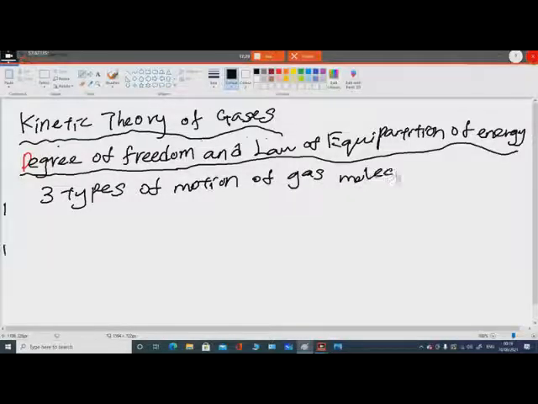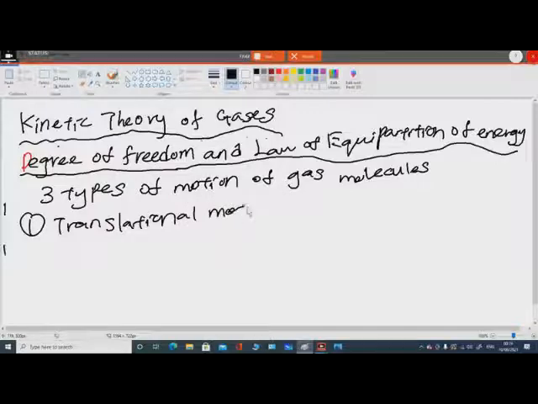For the first one, we have translational motion, which relates to the linear motion.